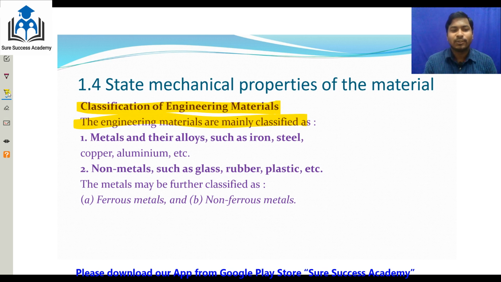So, you know that iron and steel, copper and aluminum are metals. Non-metals like glass, rubber, and plastic are all non-metals.